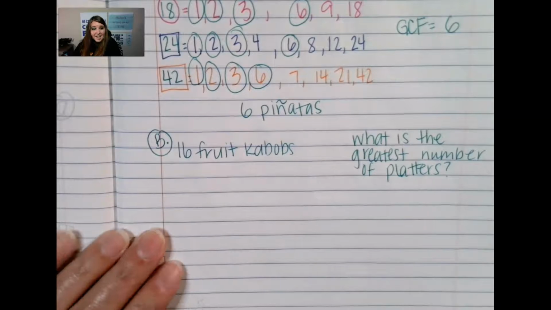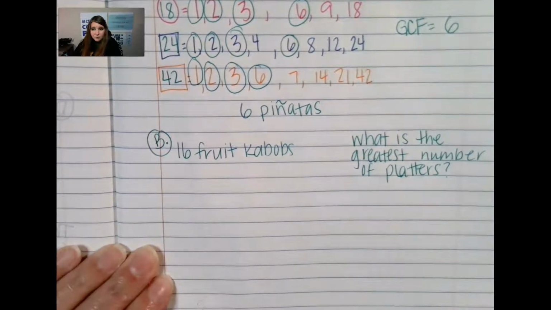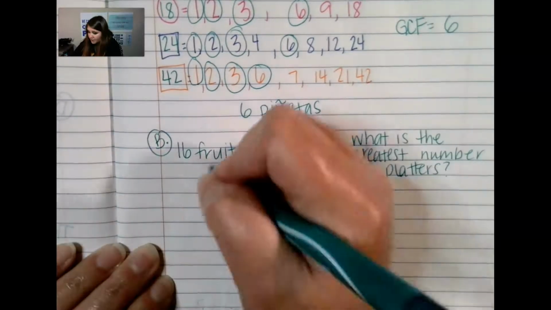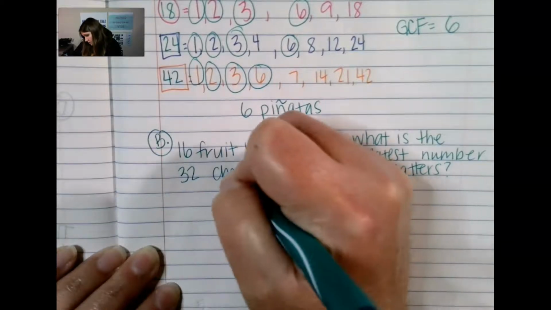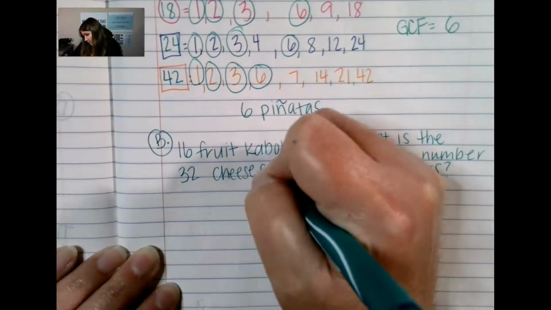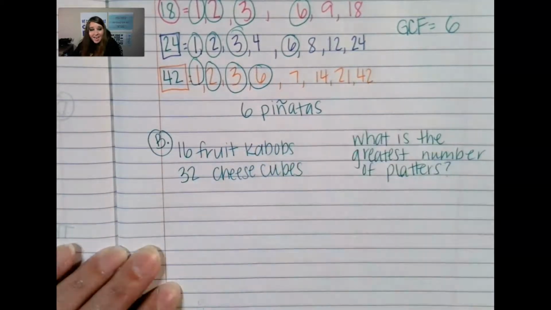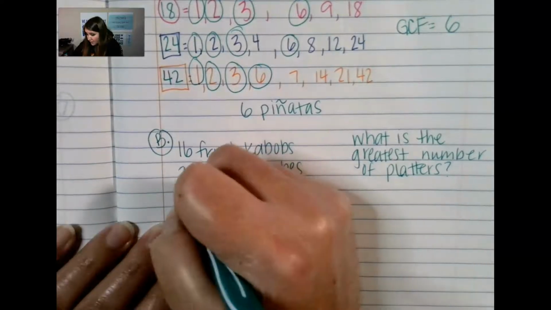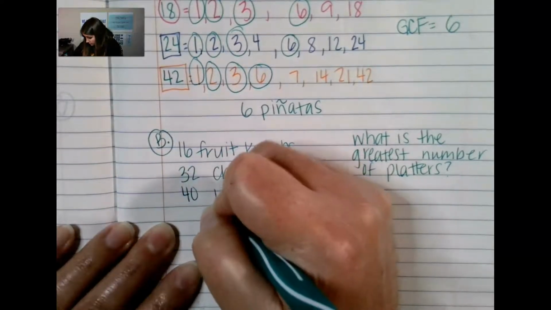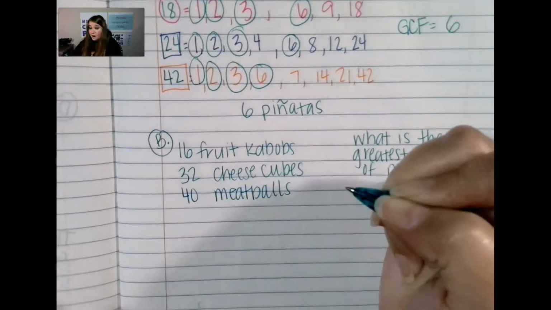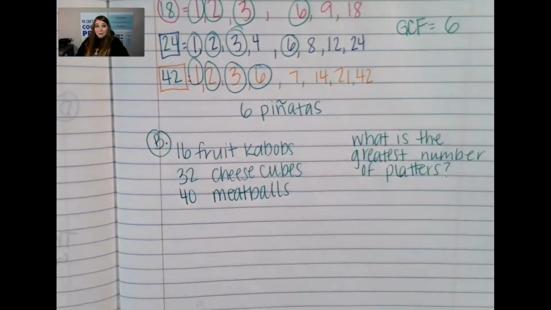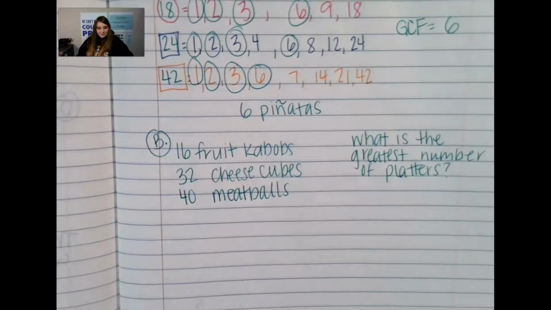Fancy fruit. Maybe it's like one of those fruit arrangements or something. And then we have 32 cheese cubes. So precise. And the last one, 40 meatballs. Not 41, not 40 and a little chunk of meat. It is 40 meatballs. Whew. I don't know who comes up with these things.